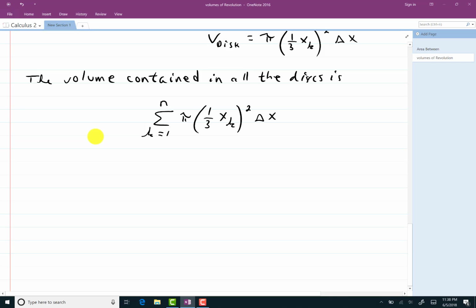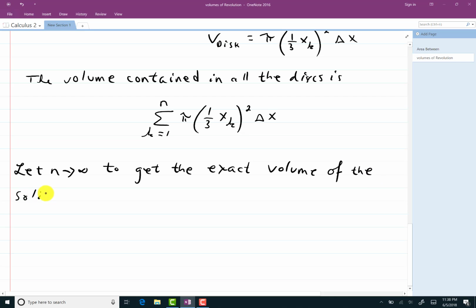Now, let n go to infinity to get the exact volume of the solid, they call it a solid of revolution.